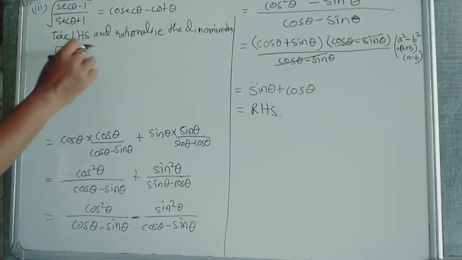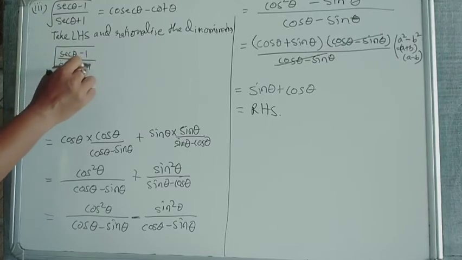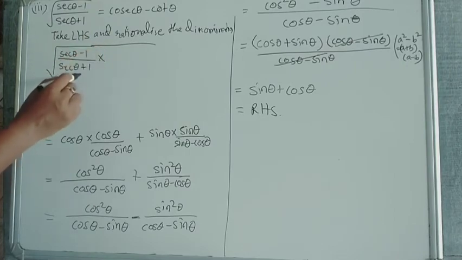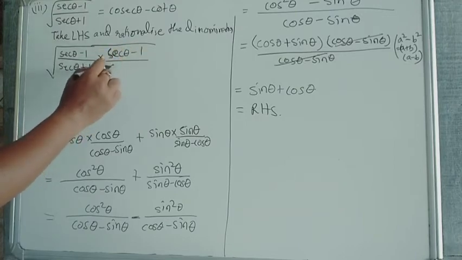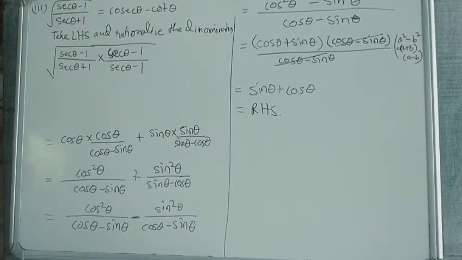So root of sec theta minus 1, sec theta plus 1 into, what is that, minus now? So sec theta minus 1 by sec theta minus 1. So we will do rationalize.